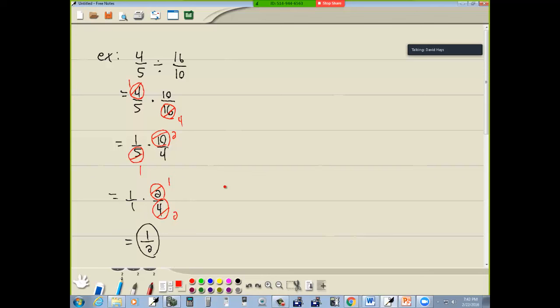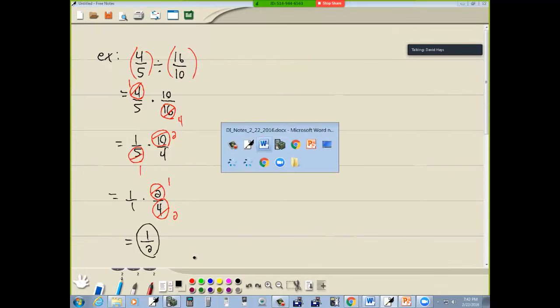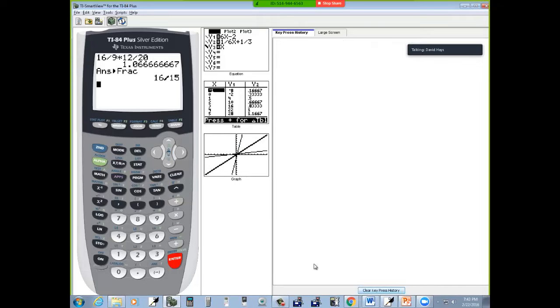Now division, you have to be careful plugging in your calculator. To plug this in your calculator, you have to make sure you put parentheses around each fraction. That's how you'd have to put it into your calculator. So I'd have my beginning parentheses, then 4/5, so 4 divided by 5, closing parentheses, and then divide by, and then beginning parentheses around the second fraction, which is 16 over 10.